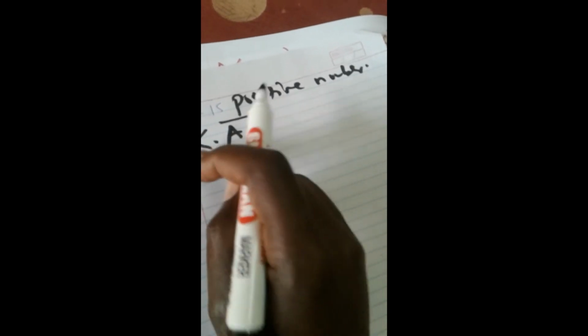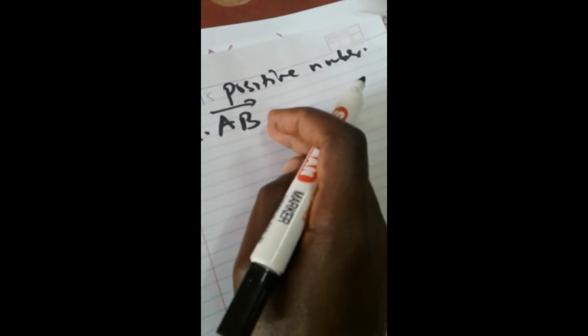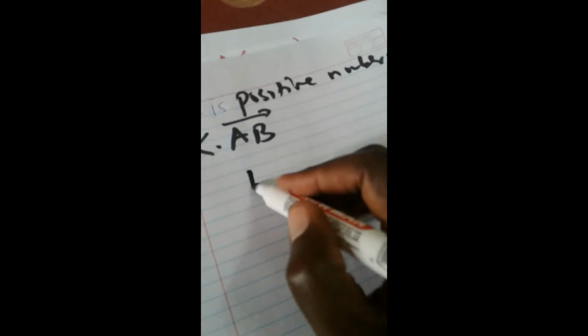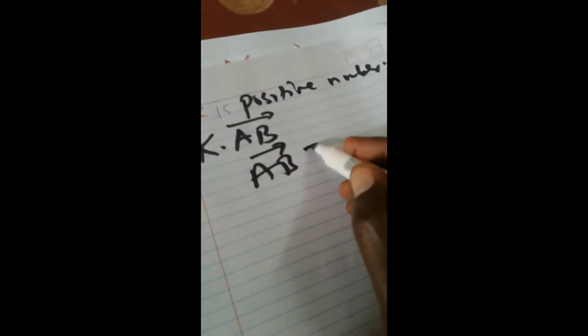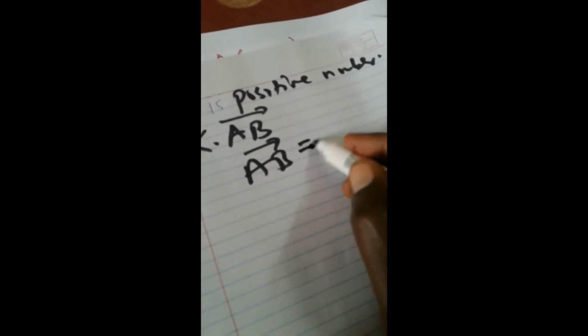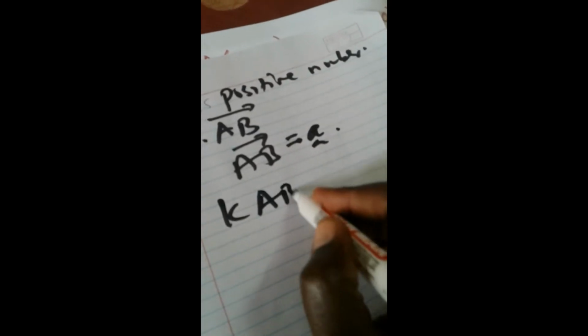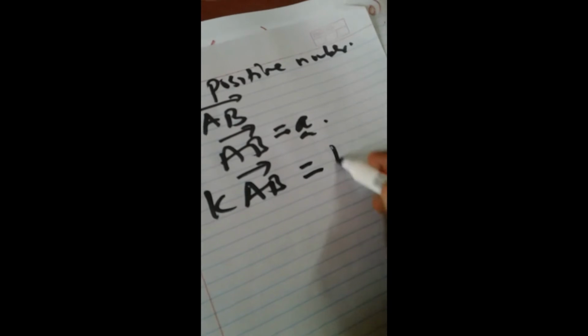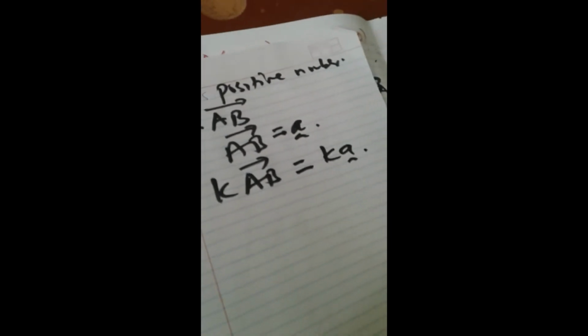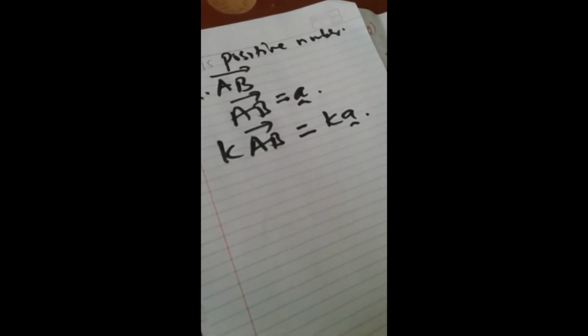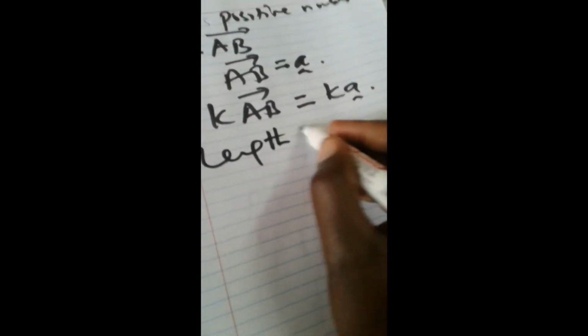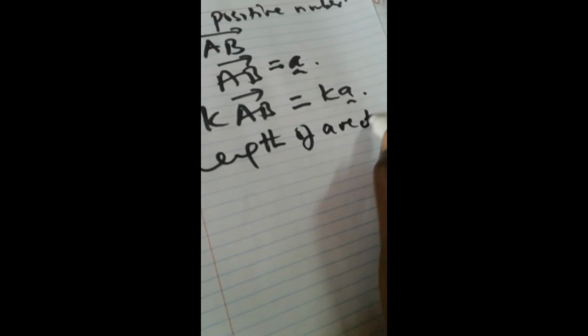And it means it is k times AB. If AB is represented by a, then kAB can be equal to k times vector a. And this one brings us to the length of a vector.